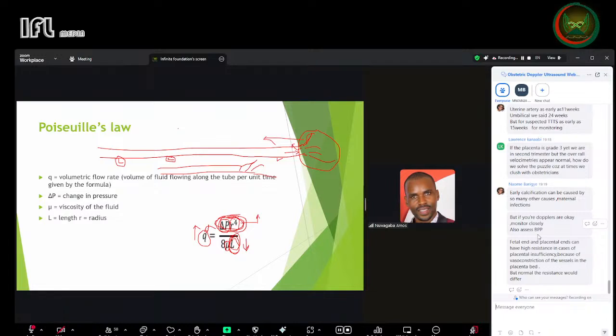For me, I think the Doppler assessment is more objective compared to the subjective assessment. I'm looking at the placenta and you think there's a problem, but when you do the fetal Doppler it is telling you that the flow through the baby is okay.